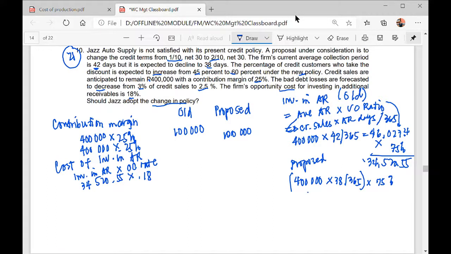That's 41,643.84 times 75%. You have 31,232.88. I will just solve it myself to make it faster.